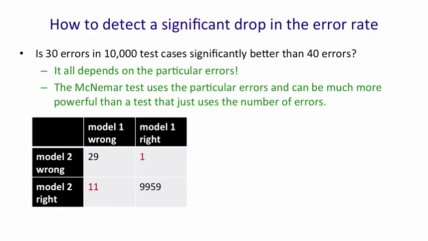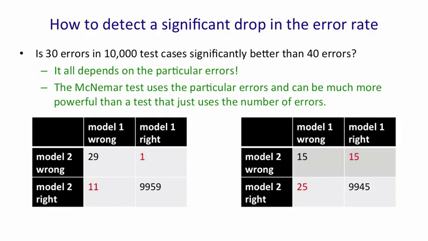What you're interested in is the ones where Model 1 got it right and Model 2 got it wrong, or Model 2 got it right and Model 1 got it wrong. And if you look at that, there's an 11-to-1 ratio, and it turns out that's pretty significant. Model 2 is definitely better than Model 1. That didn't happen by accident, almost certainly.